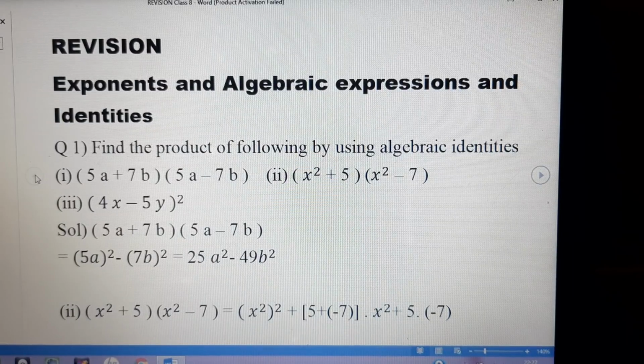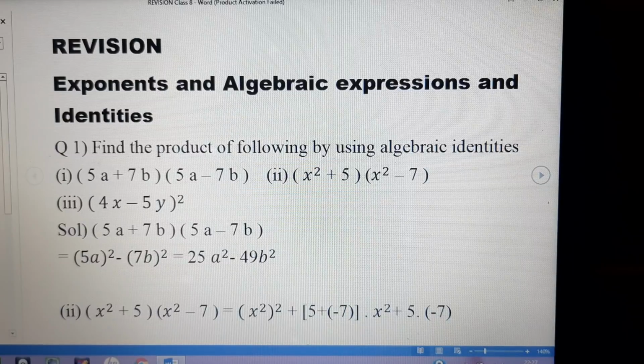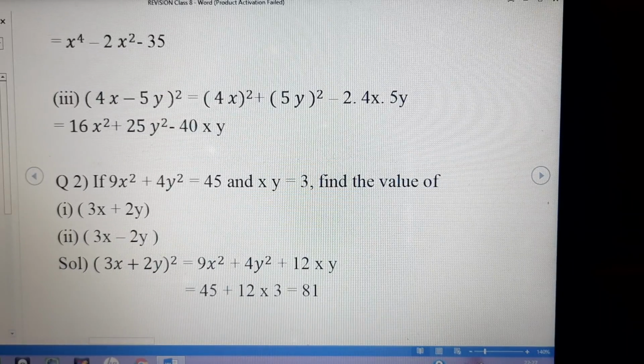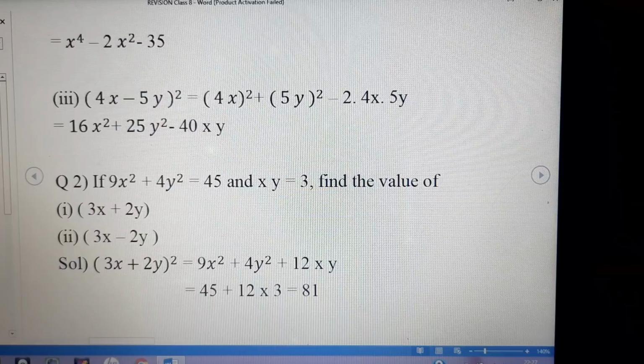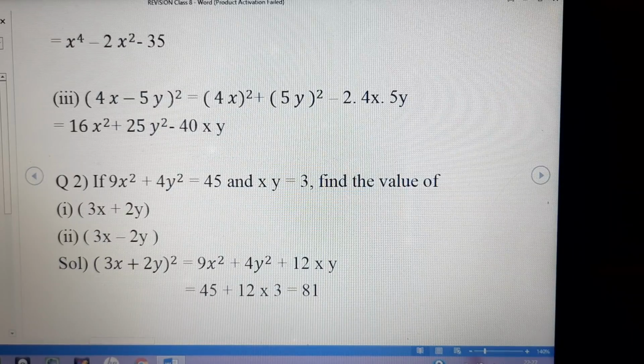This dot is actually my multiplication sign. So when we solve it, it becomes x to the power 4 minus 2x square minus 35, because plus 5 and minus 7 is minus 2.